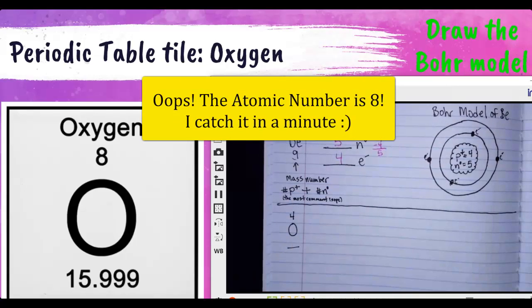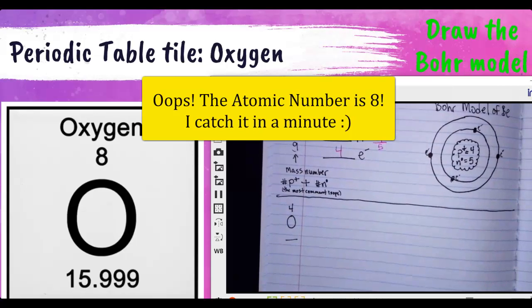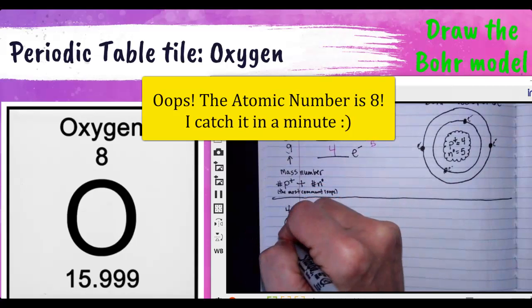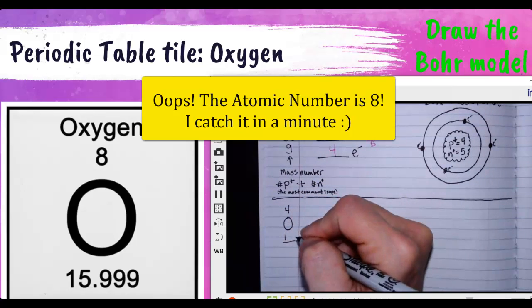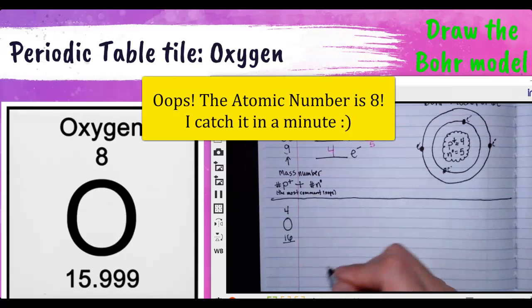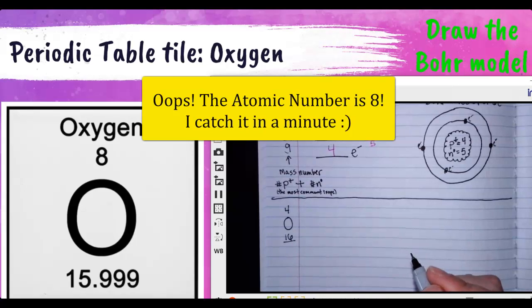What mass number should I put down here? If I round 15.999 to a whole number. Thank you, Nathaniel. Correct. Okay, so 15.999 rounds to 16. So that tells me I have 16 total particles in the nucleus.